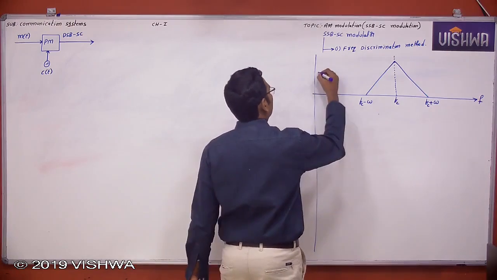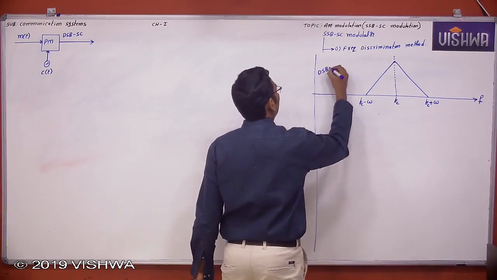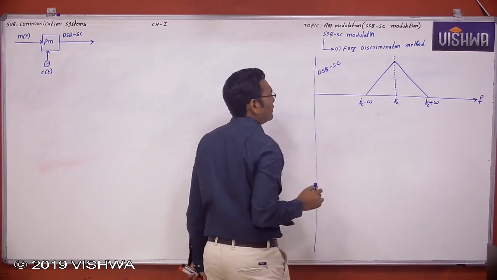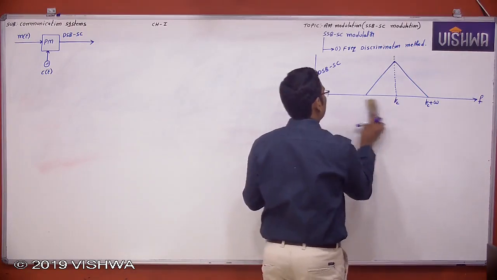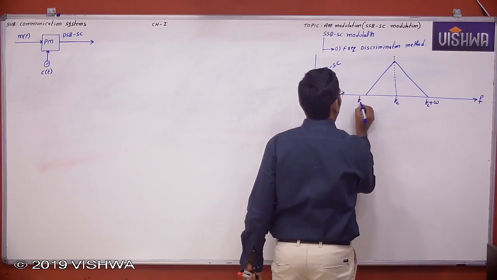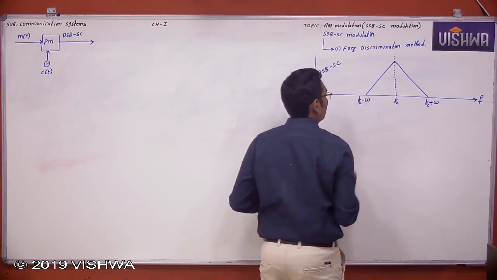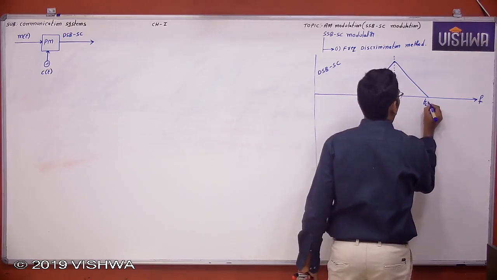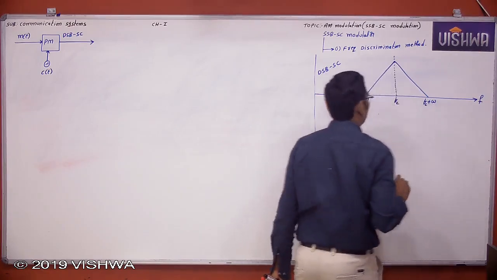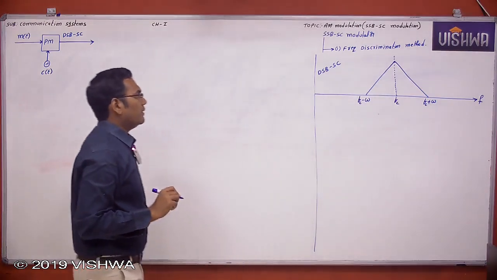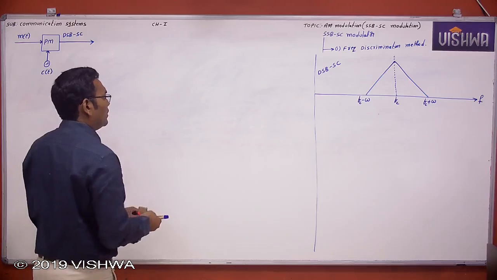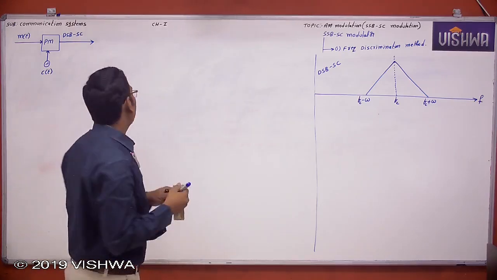This is nothing but DSB-SC, double sideband suppressed carrier. Now this is the suppressed carrier, and these are two sidebands, but I want only one sideband.